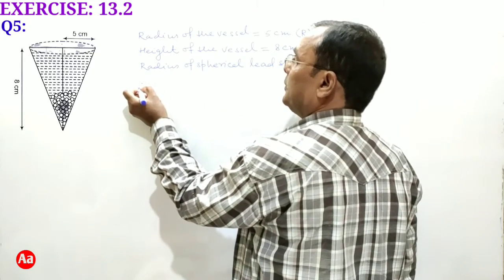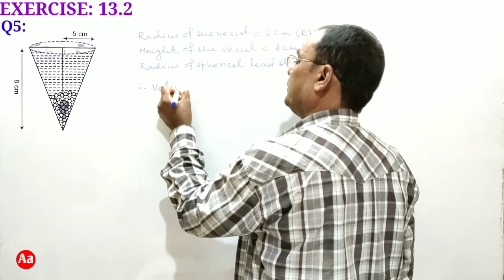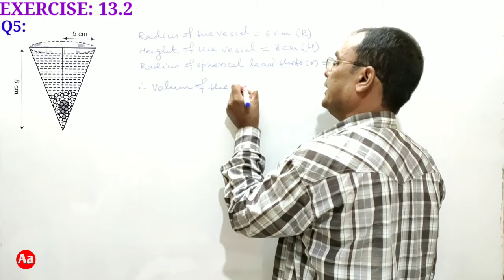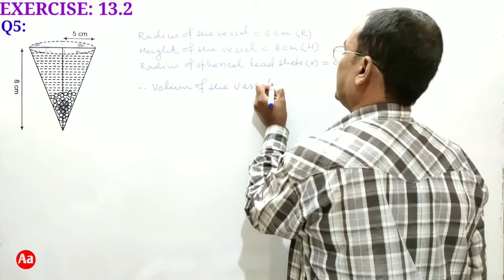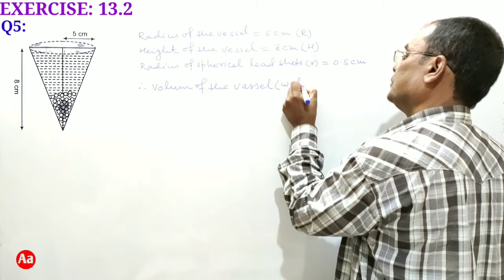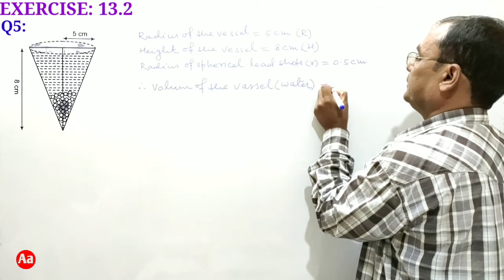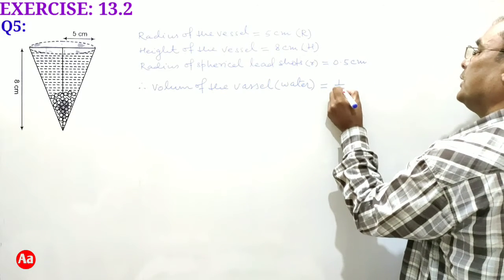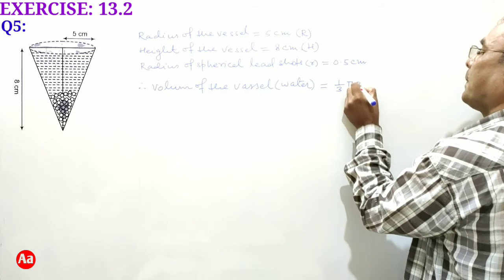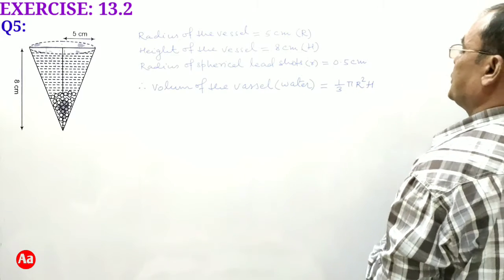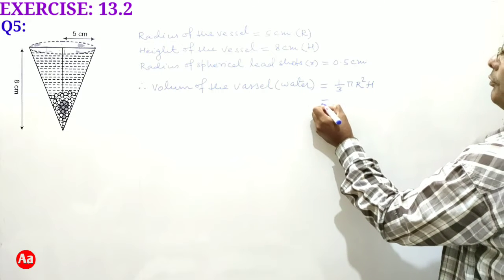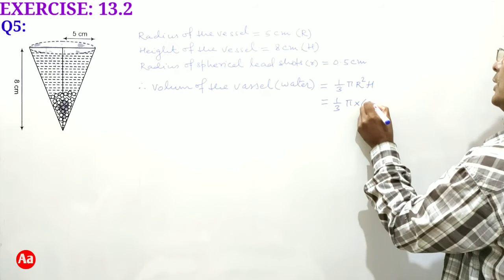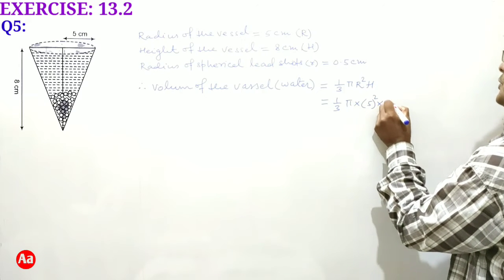So volume of the vessel, or we can write water in the vessel, is equal to, this vessel is conical, so 1/3 pi r square h. 1/3 pi into 5 square into 8.